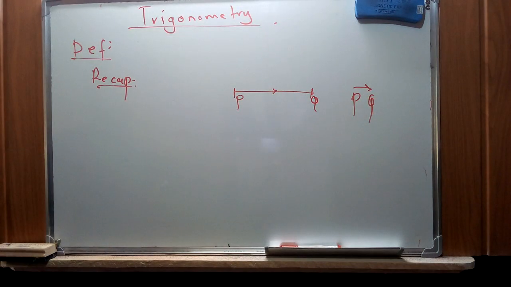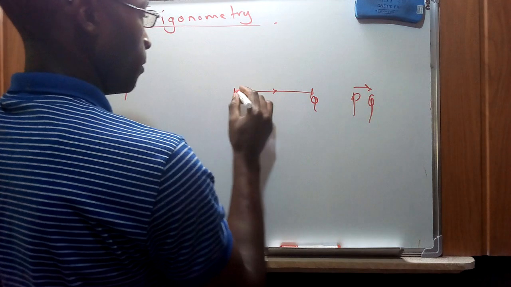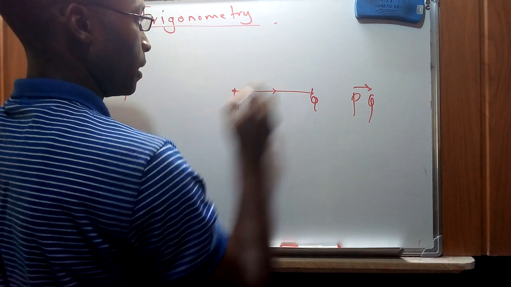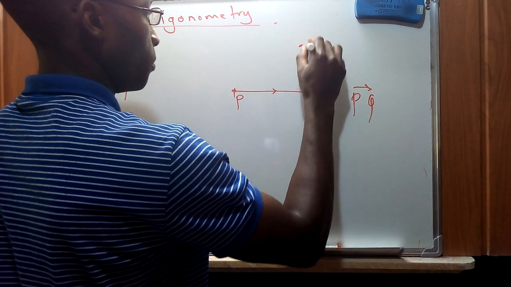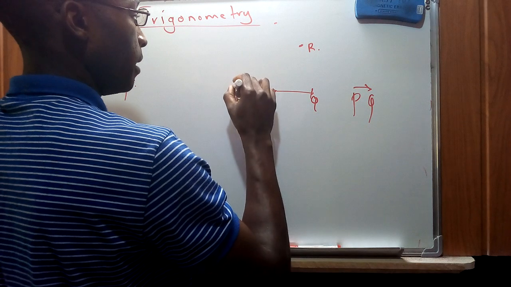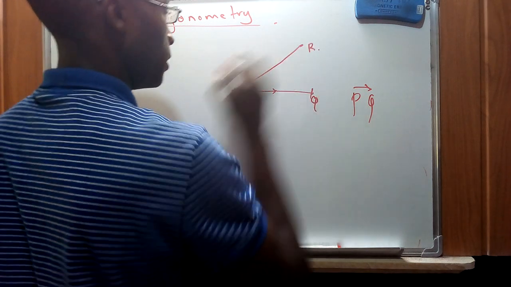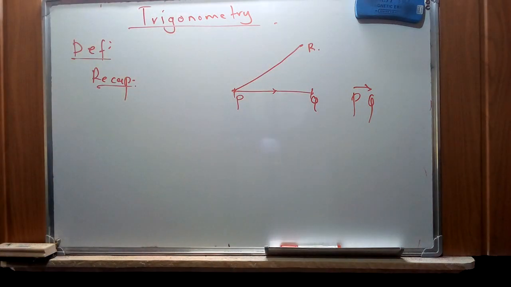So if I have another line that runs from point P to point R, I'm talking about the shortest distance between the two points because that's a straight line. The line between P and Q is the shortest.